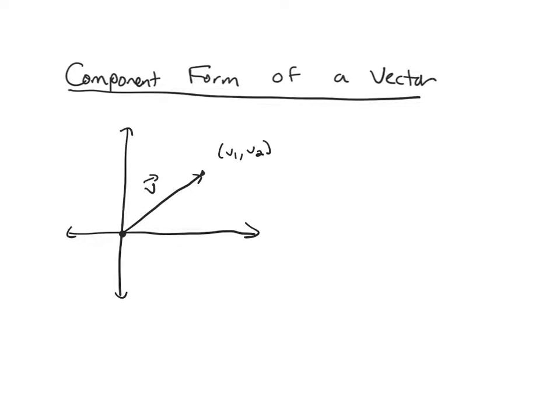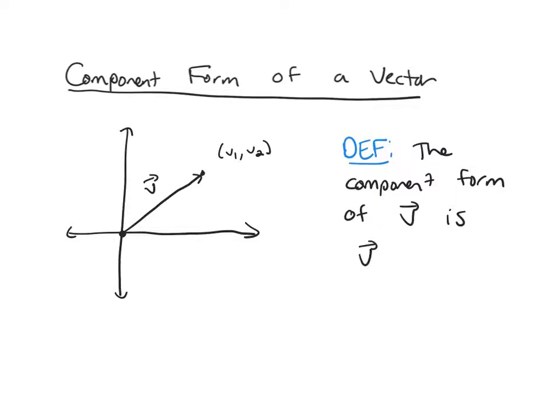And so the way we define this component form is the following. The component form of this vector v is the vector, and we write it with angle brackets, v1, v2.